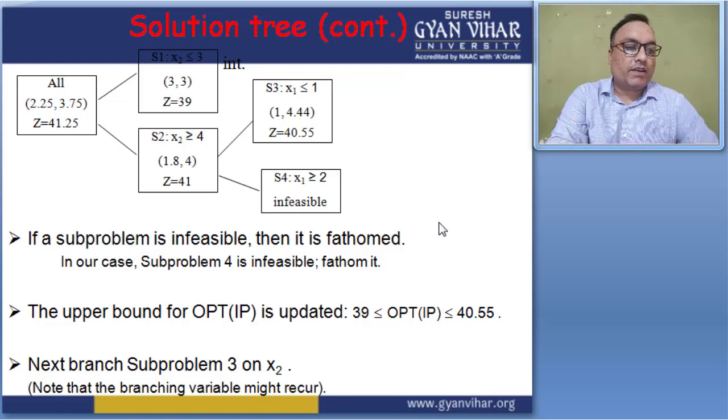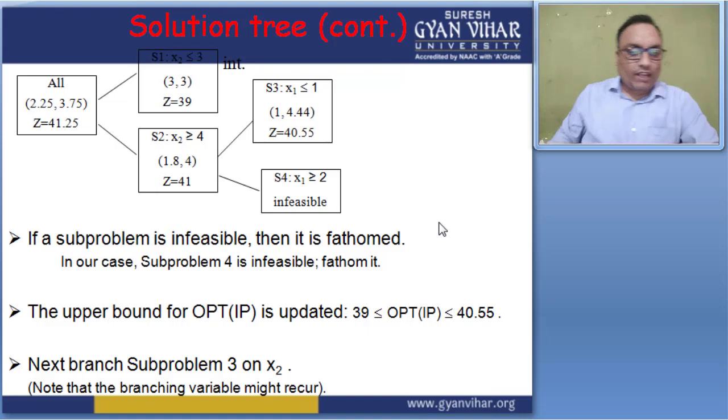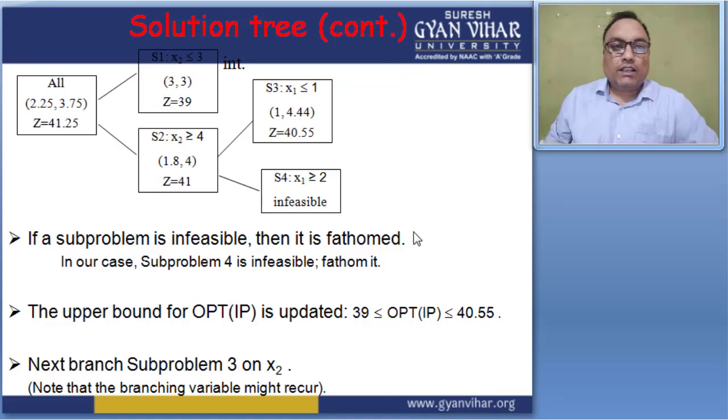The next branch is subproblem 3 on x2. Note that the branching variable might recur. So this is the different branch solution, and this is the main solution, and it is subdivided into two steps.